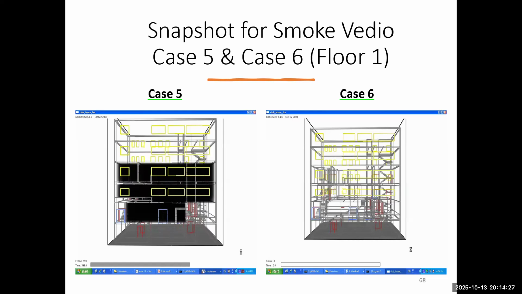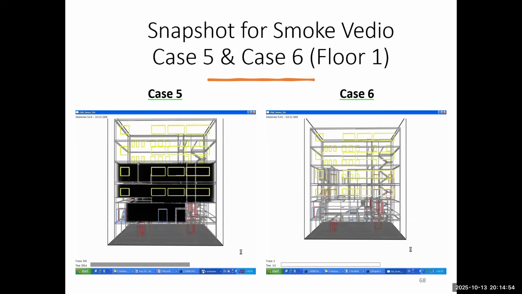Visualizing the smoke flow is powerful for understanding how quickly the escape routes become blocked. So what's the condition of this kind of escape routes becoming blocked? Anybody knows?